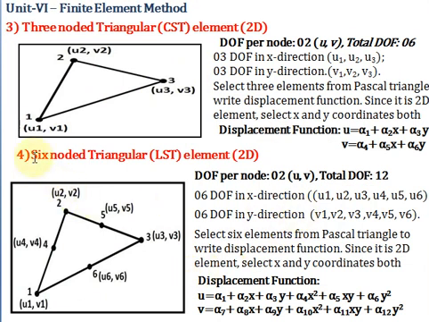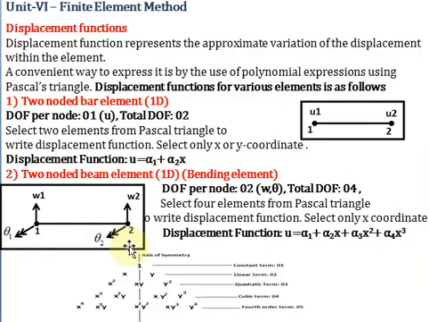Now the next is the 6 noded triangular element, which is called the linear strain triangle element, also two dimensional. So 6 nodes are there, so there will be 6 degrees of freedom in x direction and 6 in y direction: u1, u2, u3, u4, u5, u6. How many elements do we have to take? 6. So 1, x, y.